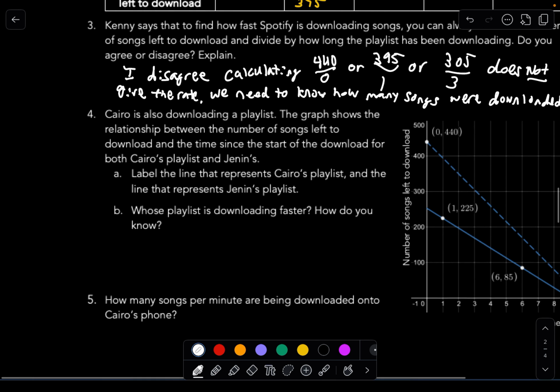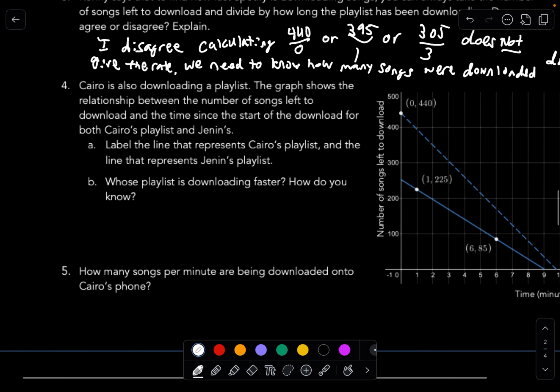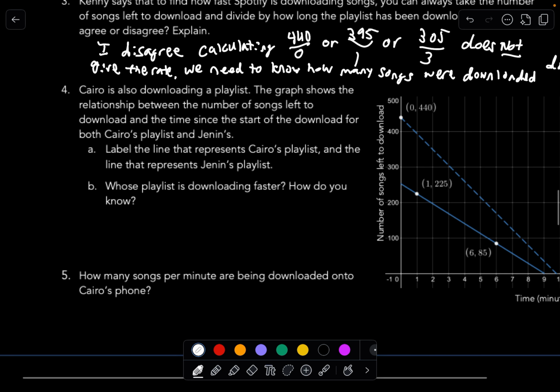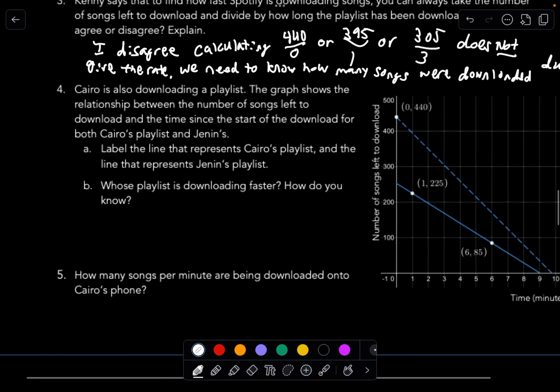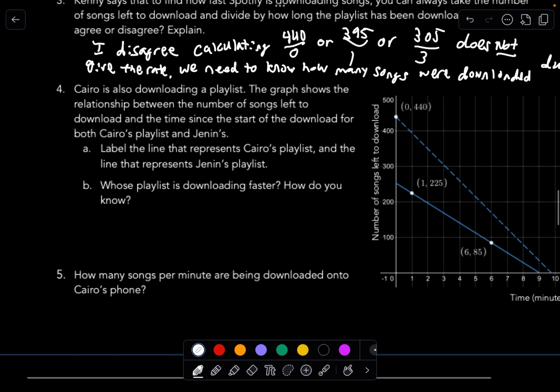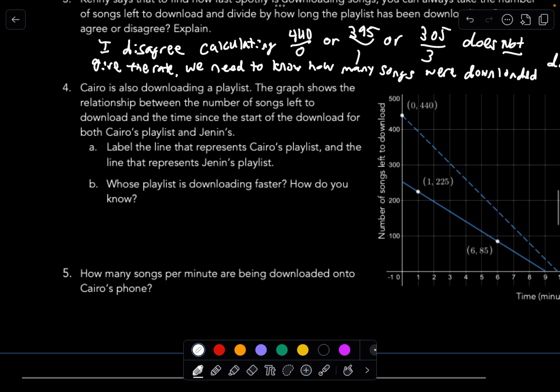All right. So Cairo is also downloading a playlist. Interesting name, Cairo. It's named after the capital of Egypt. Is also downloading a playlist. The graph shows the relationship between the number of songs left to download and the time since the start of the download for both Cairo's playlist and Janine's. Okay.